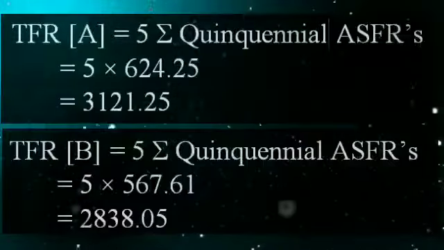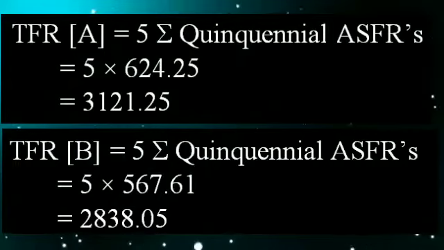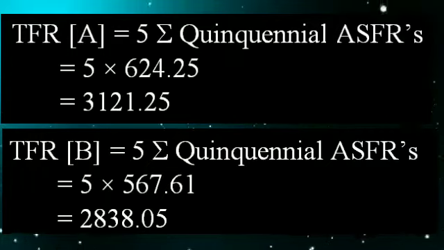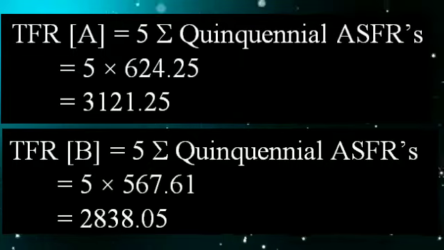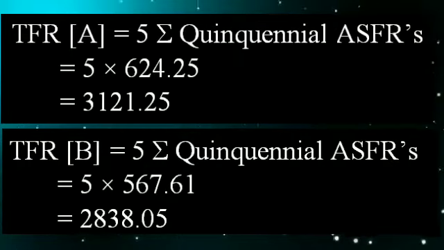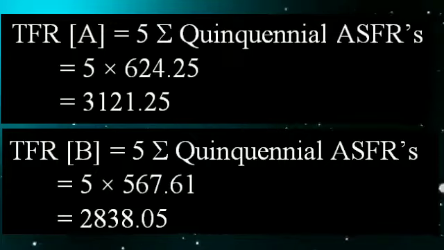Similarly, compute TFR for community B. So TFR of B equal to 5 into sigma quinquennial ASFRs, that is equal to 5 into the sum of ASFR value for community B, which is 567.61. So that is equal to 5 into 567.61, which is equal to 2838.05.